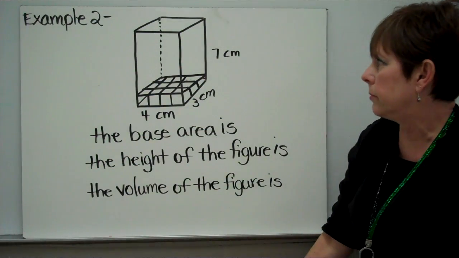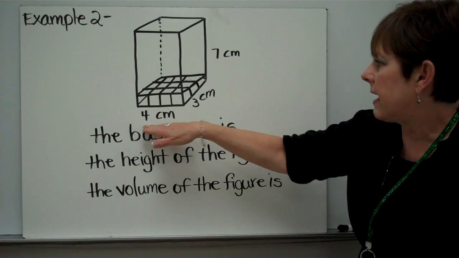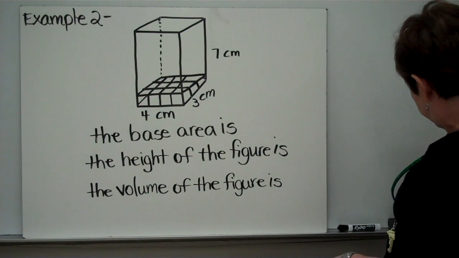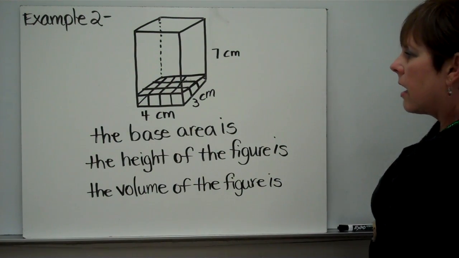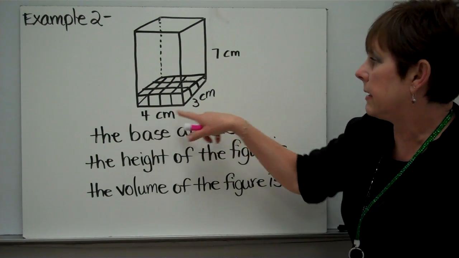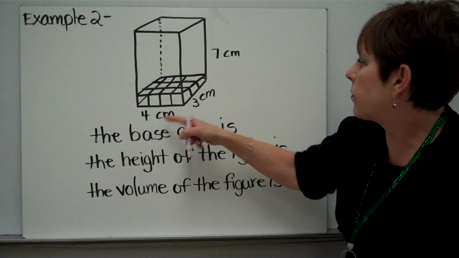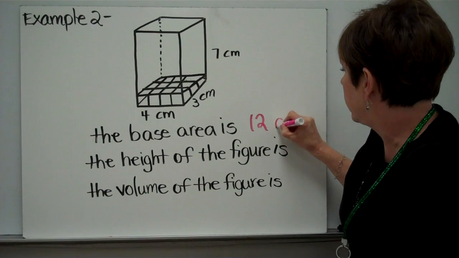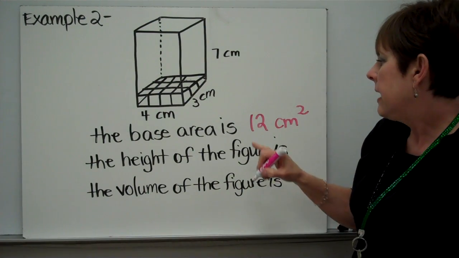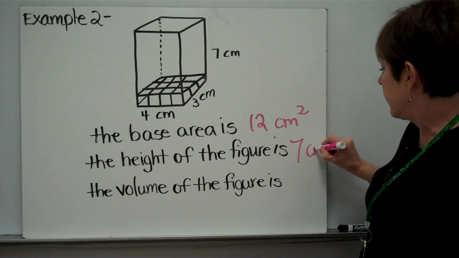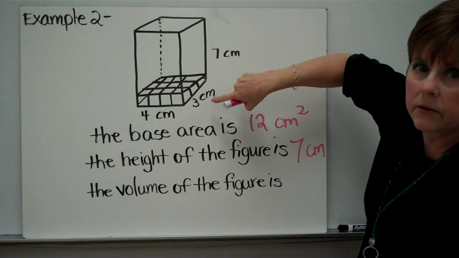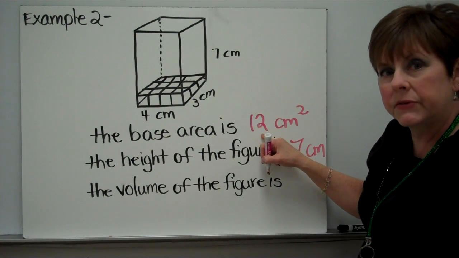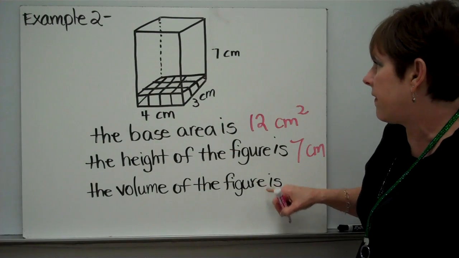Here's example 2. We can see that it has a length of 4 centimeters, a width of 3 centimeters, and a height of 7 centimeters. So let's look. The base area would be length times width, just like area is. So 4 times 3 would be 12, and this would be square centimeters. Now the height of the figure is 7 centimeters. How can I tell? I can see it right here. 7 centimeters. So to multiply this, we would multiply the base times the height, and that would give us the volume.